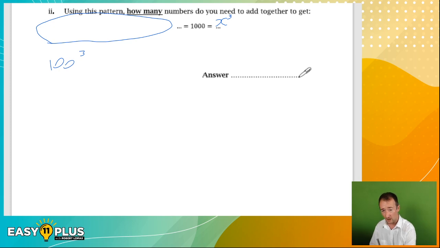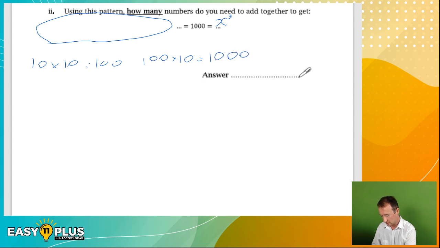Well, hang on, 100 times 100 is already 10,000. So if you times that by another 100, you're clearly well outside the range that we need here. So that isn't right. Let's try 10. So 10 times 10 equals 100, and 100 times 10 equals, lo and behold, 1,000.